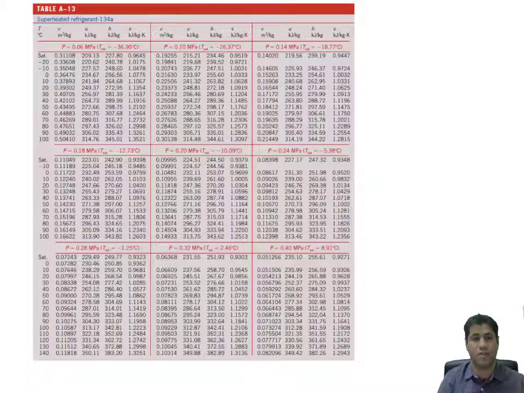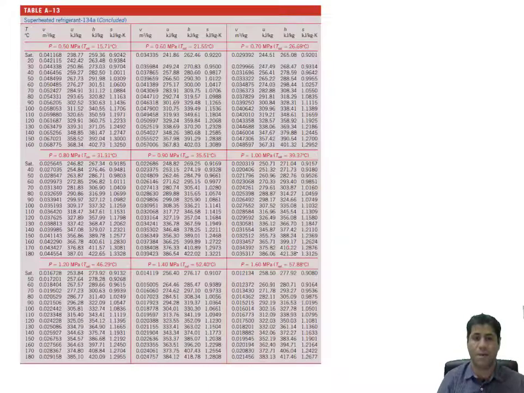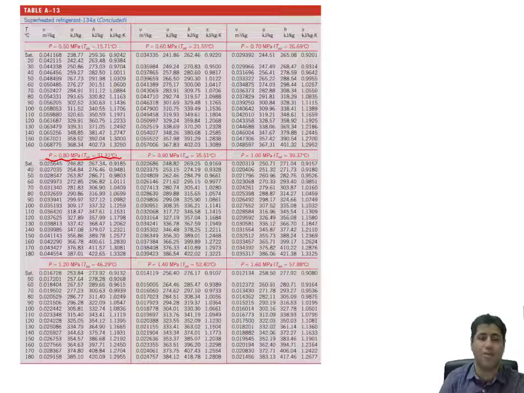You can see here the pressure starts at 0.06 megapascal, and it increases, 0.40 megapascal, until here is the 0.8 megapascal, the pressure which we have. And we also have the entropy for this state.